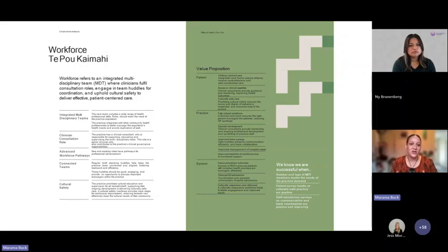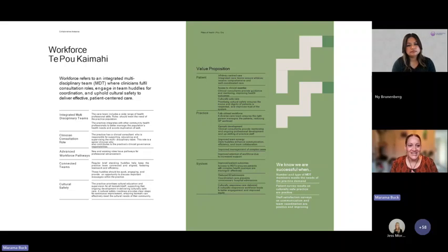So ensuring cultural safety, that our kaimahi are all experiencing cultural safety as workforce in their place of work, and also all of the people, all New Zealanders and guests to Aotearoa who are receiving care at a primary care practice are given the aroha and the manaakitanga that we all deserve. So ensuring that cultural safety is important.